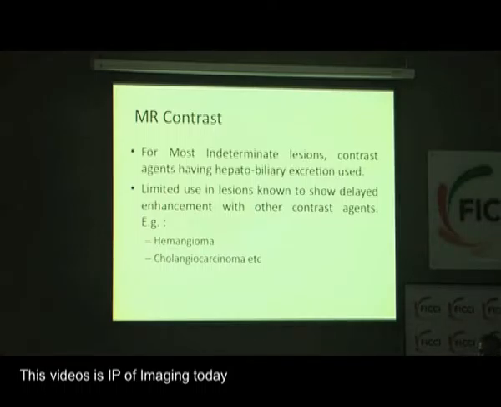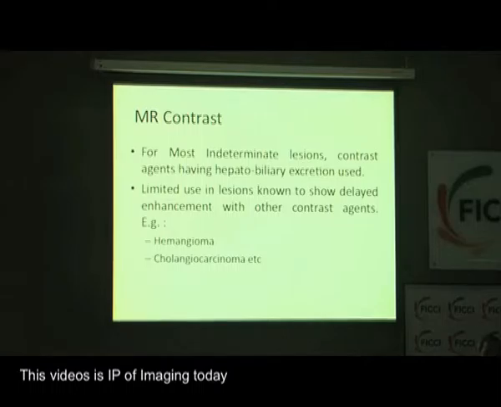Like Karthik showed earlier, some patients had delayed scans at 5 minutes and 10 minutes. If you're looking at a certain subset of lesions in that window, you may in fact have a conflicting result. You all know that hemangiomas take up delayed contrast in 5 to 7 to 10 minutes. But in a patient with hepatobiliary contrast, you will see that the rest of the parenchyma also enhances. So while this is not so problematic for larger lesions.